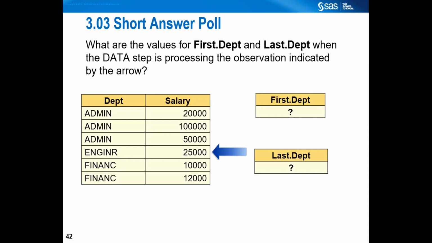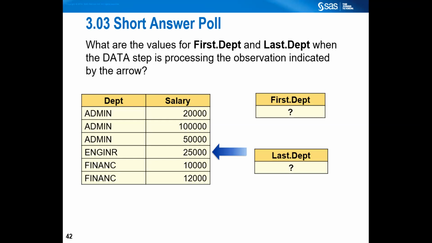Looking at engineering value, do you have any further engineering value for this group of engineering? No. Then what would be its value? Both, it is the first department and it is the last department as well. So it has to be 1, 1.